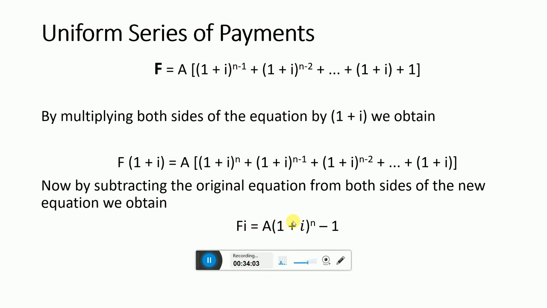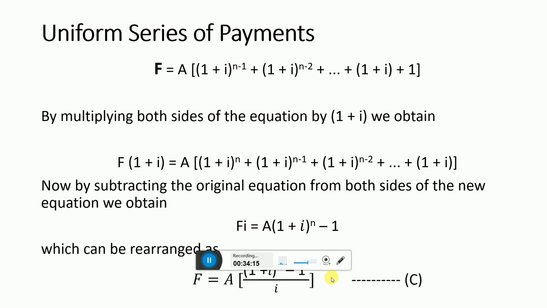We can rearrange this equation, we can find out the value of F. So if we rearrange this equation, we get a new equation, which here we can name as equation C, in which we can find the future value or the future worth, which is equal to A, the bracket 1 plus I power n minus 1 divided by I. This new relationship is also known as uniform series compound amount factor, or USCCAF.